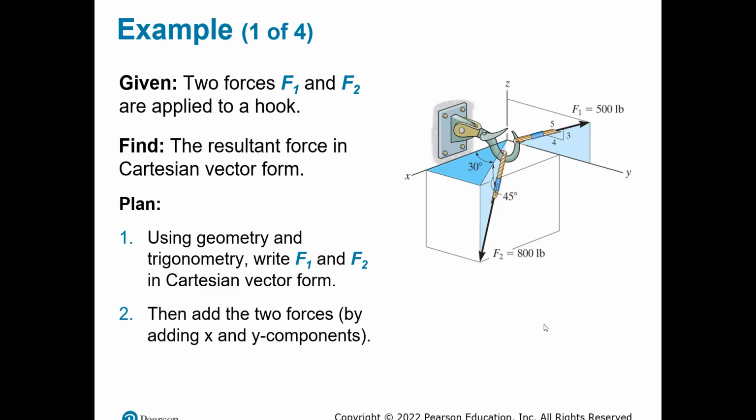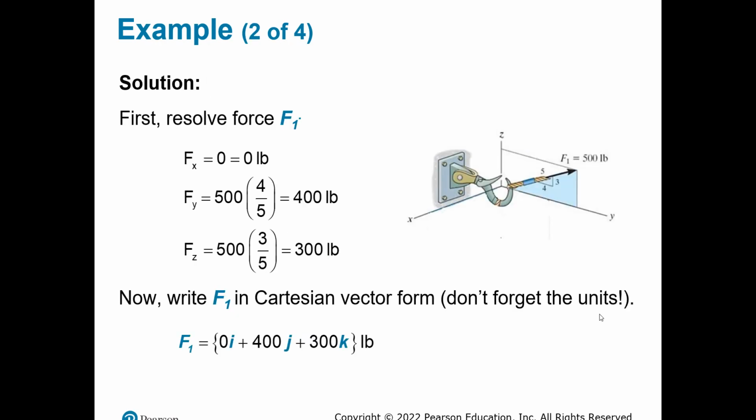Using geometry and trigonometry, we will write F1 and F2 in Cartesian vector form. Then after that, very simple, add the components together in order to find the resultant force.